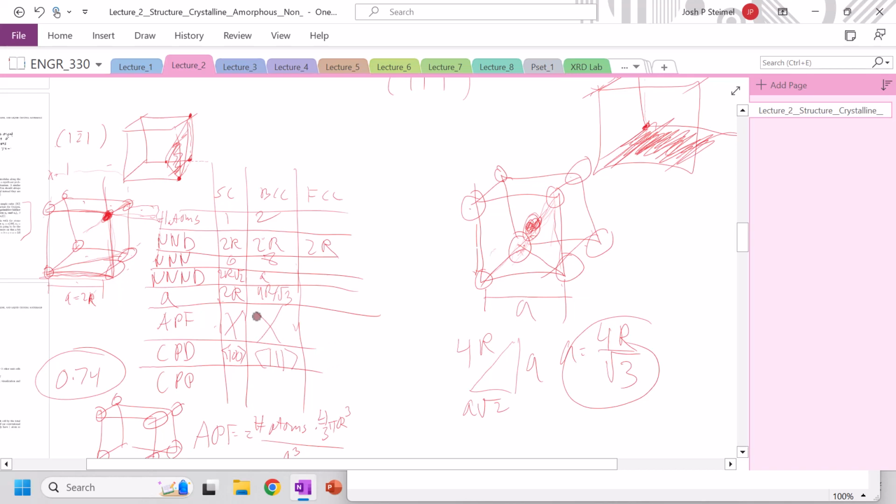That actually makes sense because BCC is notoriously a very, shall we say, brittle structure. Especially in steel, you have ferrite, and you have two predominant forms of steel.